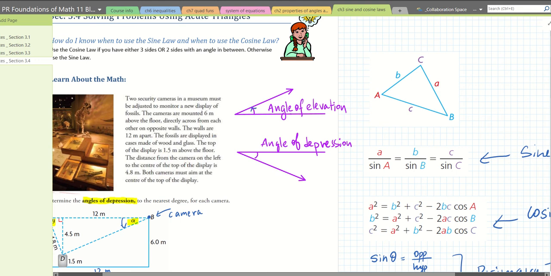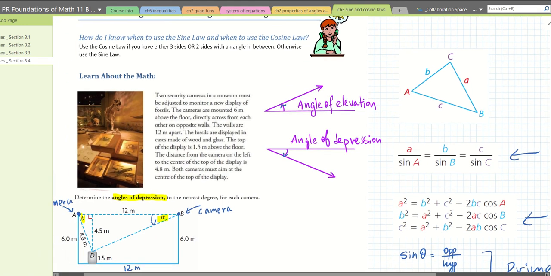Let's say you're standing on the ground and you're looking up at the top of a tree or the top of a mountain, you're measuring, for example, angle of elevation. Let's say it's the other way around, you're standing on top of a mountain and you're looking down, let's say at the sea or something, then looking down from the horizontal, that's called angle of depression.